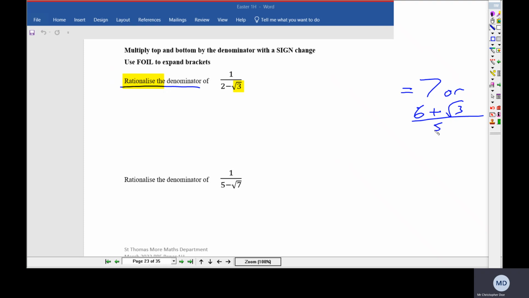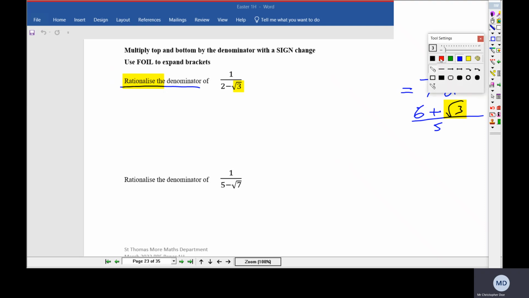What we do not want is any square roots on the bottom. If it is a fraction, then all of your surds will be on the top, none on the bottom. You don't know what the answer is going to look like.